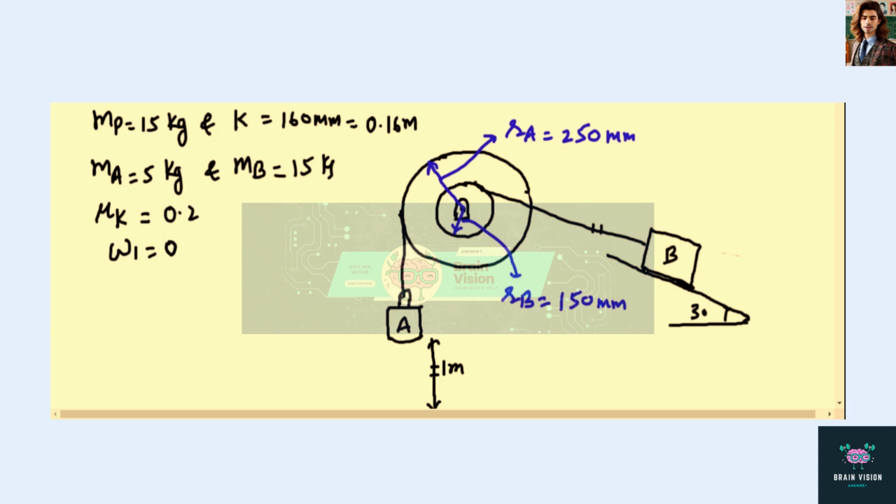The system is initially at rest, so the initial angular velocity is 0 and the velocity is also 0, when a constant force of 200 Newton is applied on the cylinder.